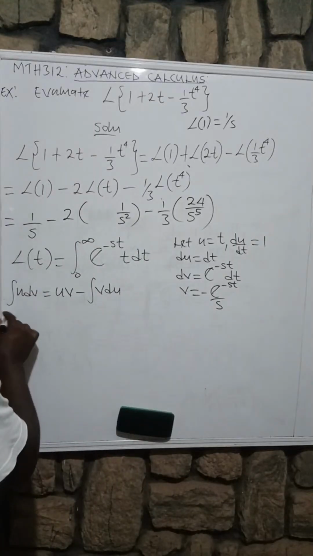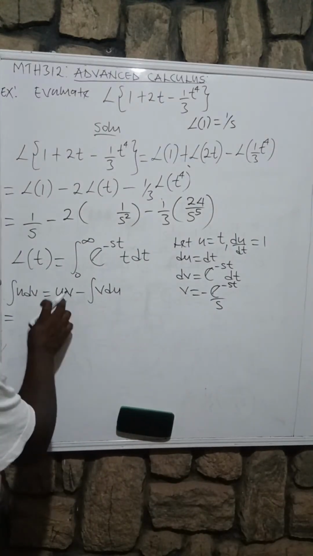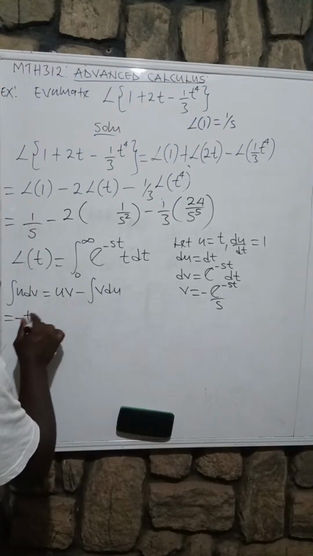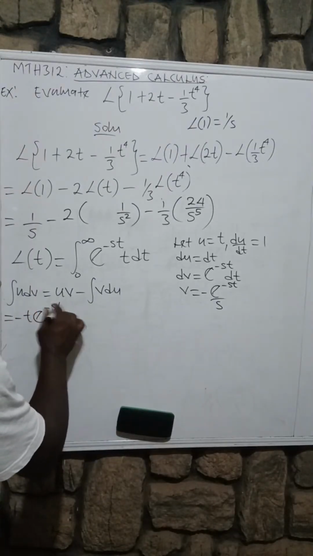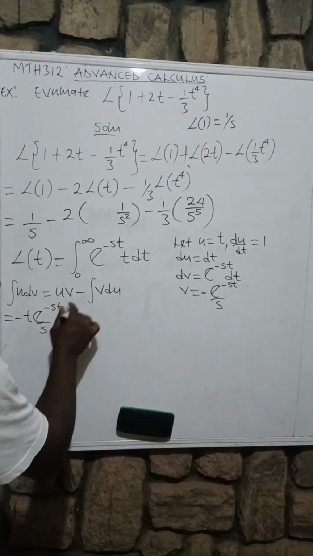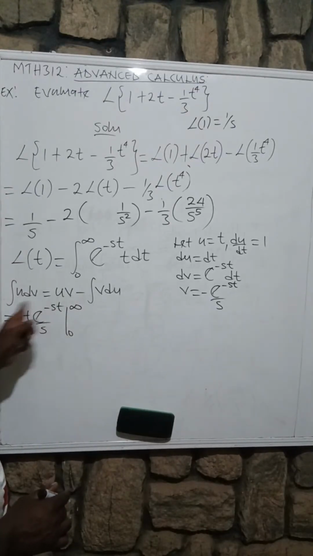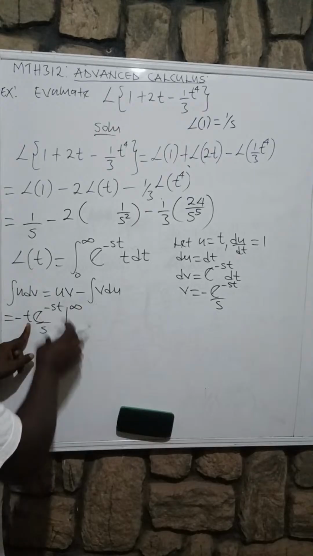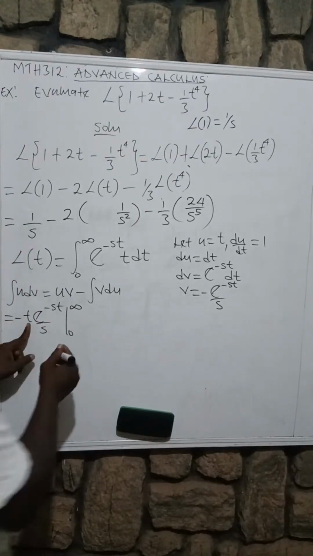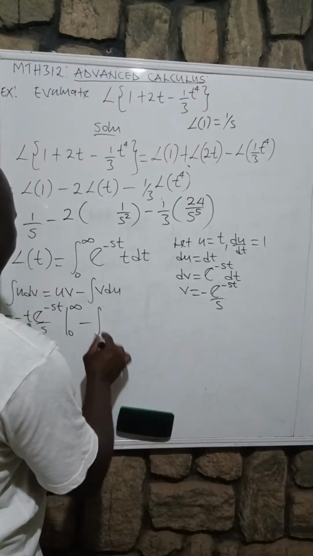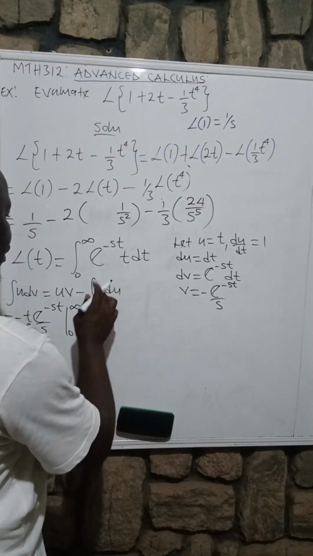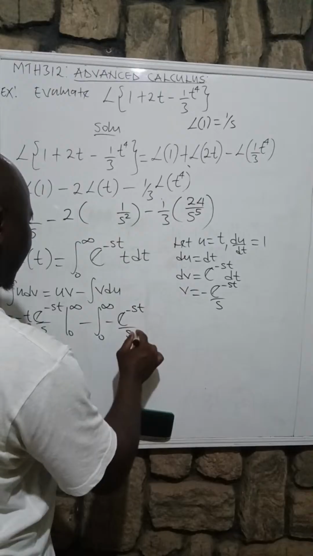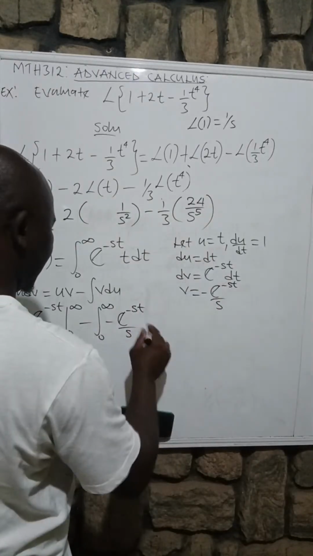So let's substitute in. So here we are going to have u is t, but v is minus exponential minus st all over s, so minus t exponential minus st all over s at 0 to infinity. All of this will be 0, because of this t, because if you substitute in 0, everything will be 0. So minus integral 0 to infinity of minus exponential minus st all over s times du, which is dt, right?